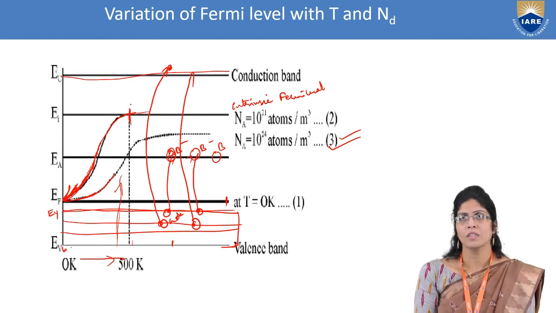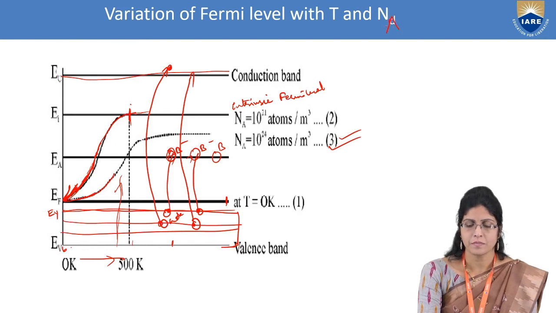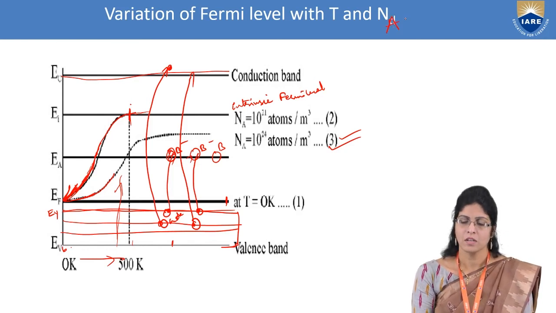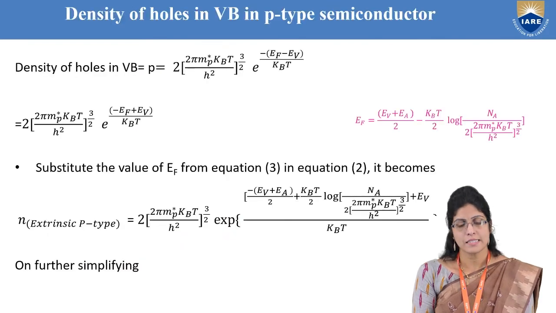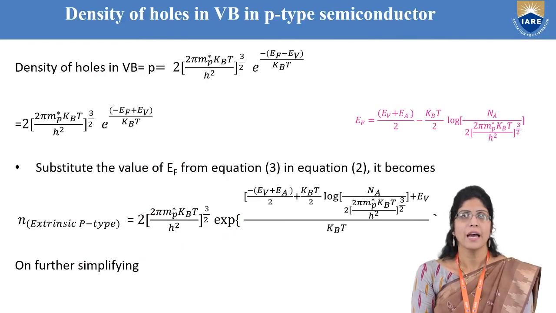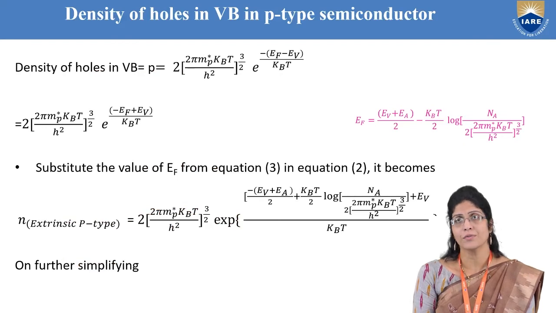So this is how the Fermi level will change with temperature and the acceptor atoms. So hope you have understood all these things. Let's take this into consideration and go for the density of the holes.